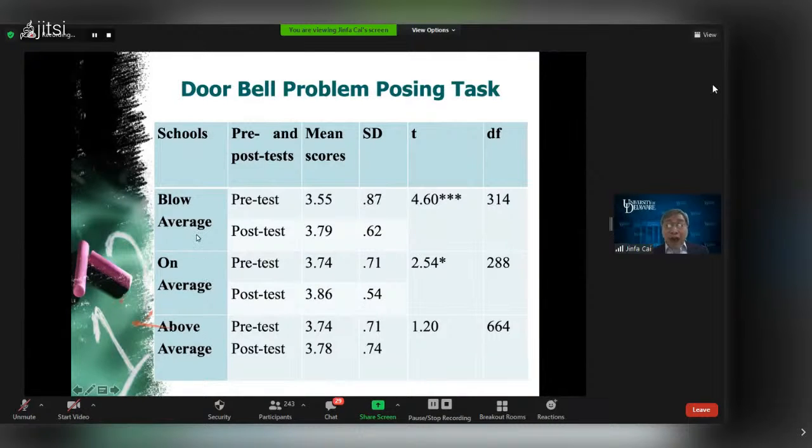The below average schools tend to show a more significant increase compared to the above average schools. In fact, for students from above average schools, the change does not show a significant difference. And similar results have been found in the problem-solving tasks.